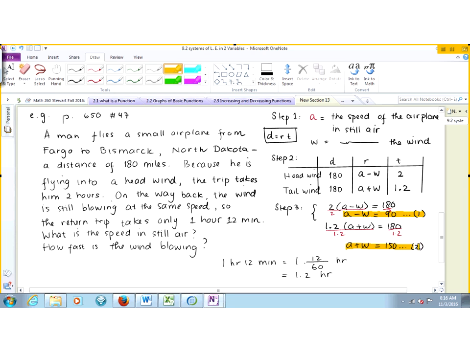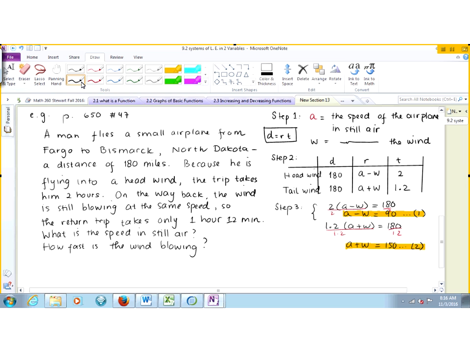So you have two equations. Do you think you can solve it? That's easy. So this is your step 3. Now, how do you solve it? Elimination, yes.